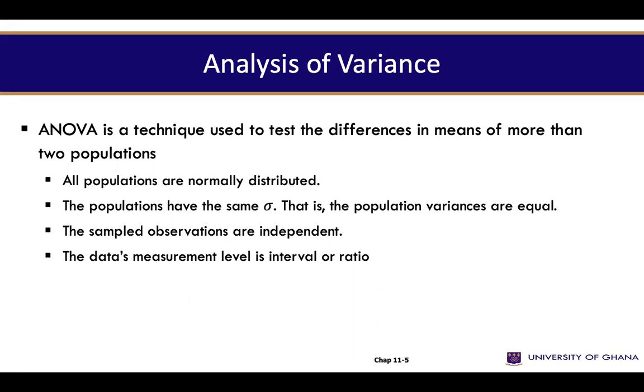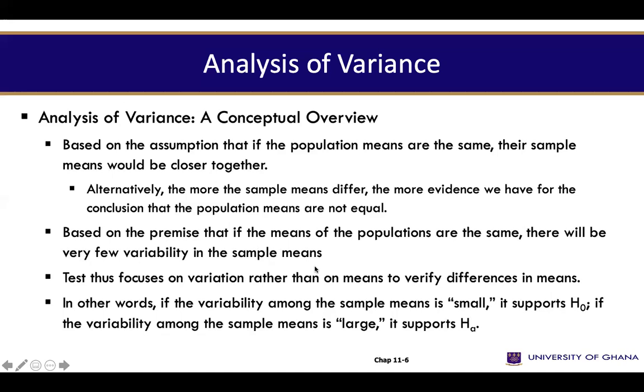Mostly we want to ensure that these assumptions are met: populations are normally distributed, populations have the same variance, and the sample observations are independent. The level of measurement is interval or ratio.